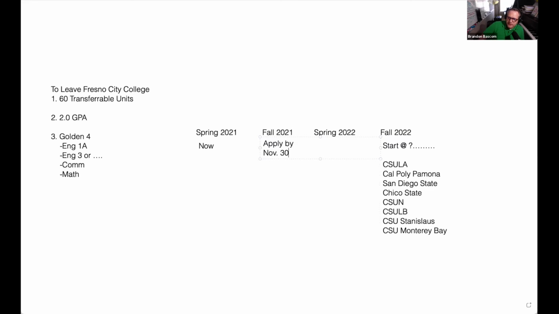That's like 7 months away. So if you're going to start somewhere else fall of 2022, you're applying next fall by November 30th.